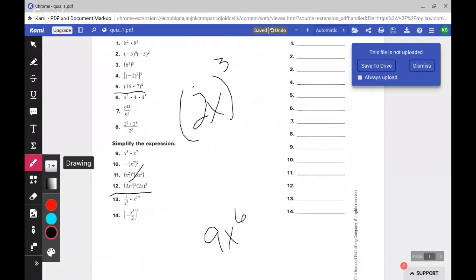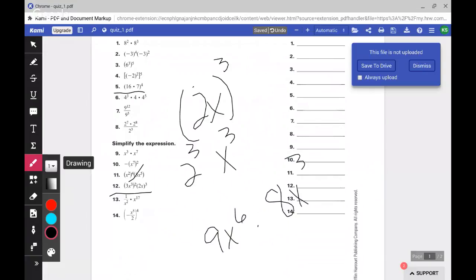But that's 2 times x. So the 3 gets applied to the 2 and the x. So that's going to be times 8, because 2 cubed is 8, x cubed.